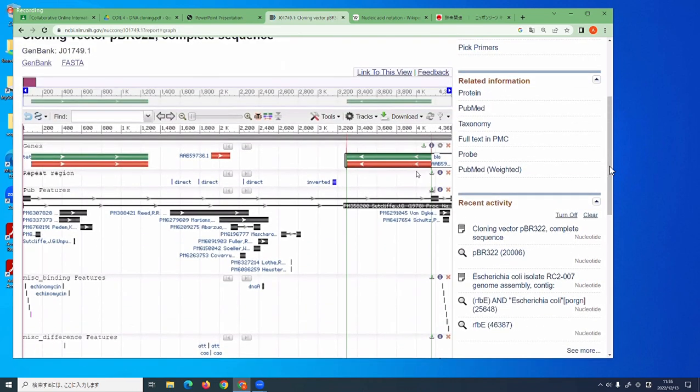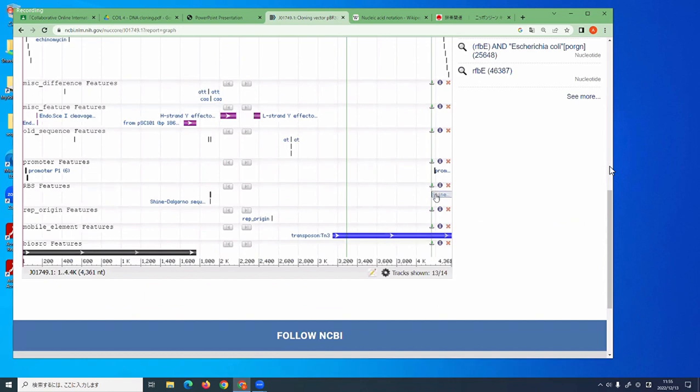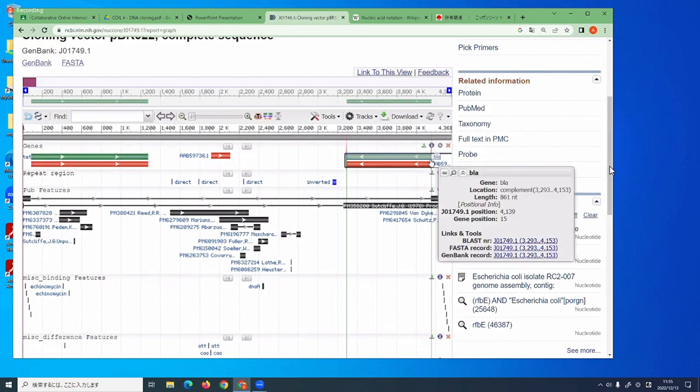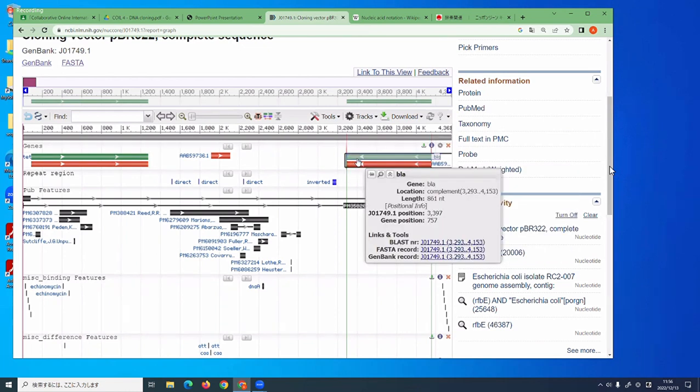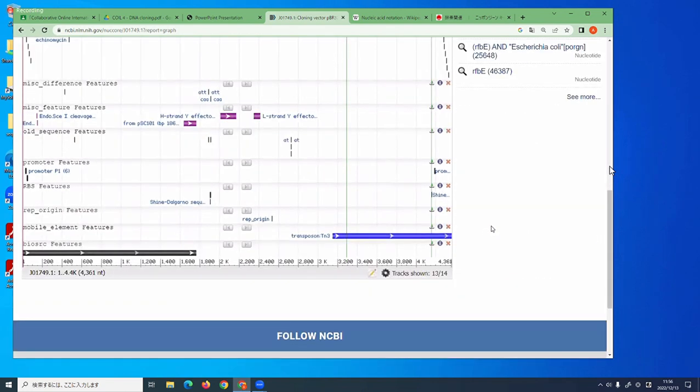And then you can also inspect the direction of the beta-lactamase. So this is upstream, Shine-Dalgarno is also upstream, and then the ATG of the open reading frame will start here, and it will continue until the end, which is about 861 nucleotides for the sequence. So this is a way to actually confirm what you learned in molecular biology.